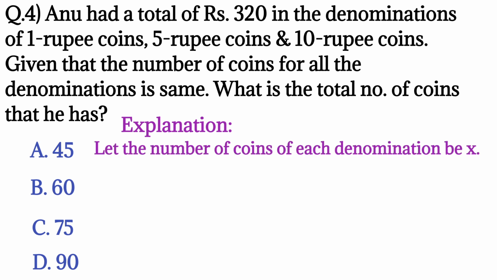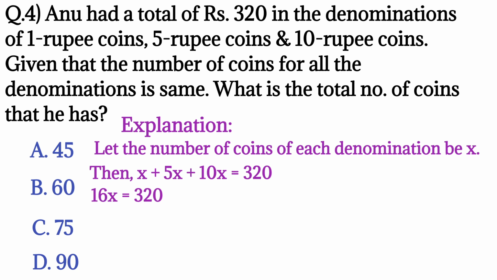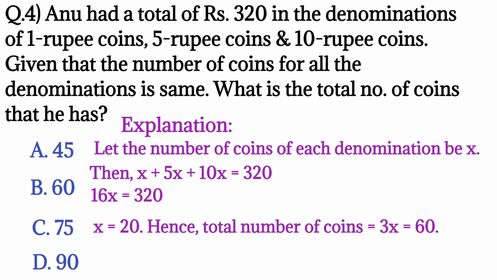Let the number of coins of each denomination be x. Then x plus 5x plus 10x is equal to 320. इससे हमारे पास 16x is equal to 320 आएगा। फिर हम x की वैल्यू फाइंड करते हैं तो x is equal to 20. Hence total number of coins is equal to 3x is equal to 60.